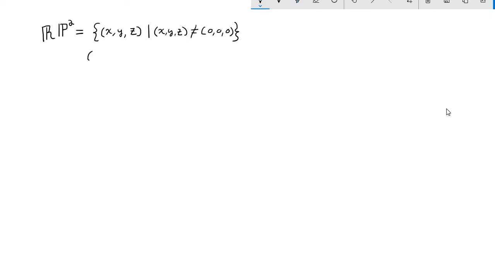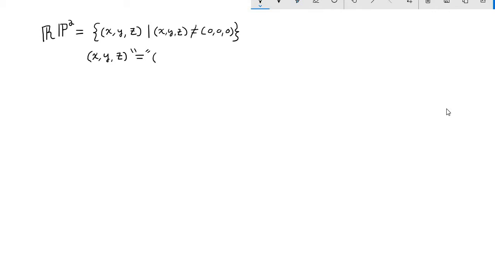I'm going to say that the triple x, y, z counts as the same thing, so I'm going to put quotation marks around this equal sign. This just means I'm going to pretend these represent the same object.